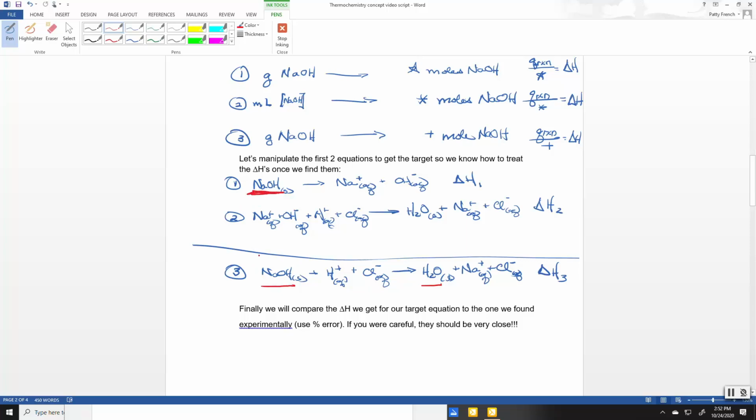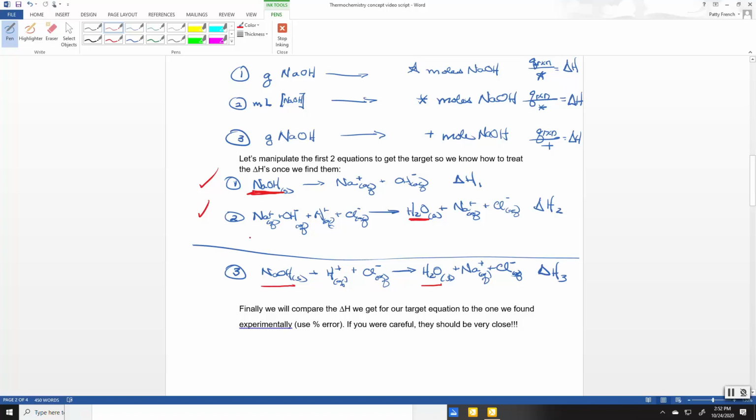We check it out, it's got the right coefficient, it's on the correct side, so we're going to leave that equation alone. All right, so now we're looking for H2O liquid. Oh, here it is in equation 2. And it's got the correct coefficient, and it's on the correct side, so that one's fine too. We leave that equation alone.